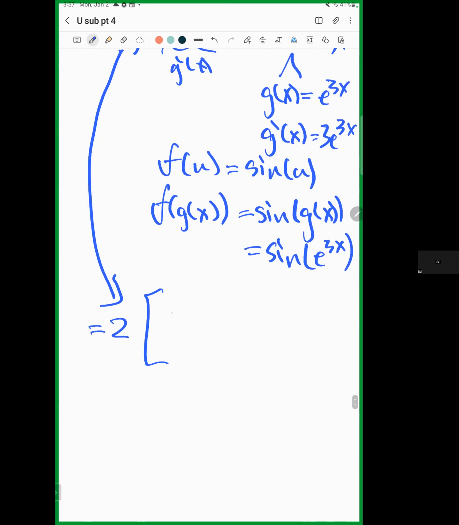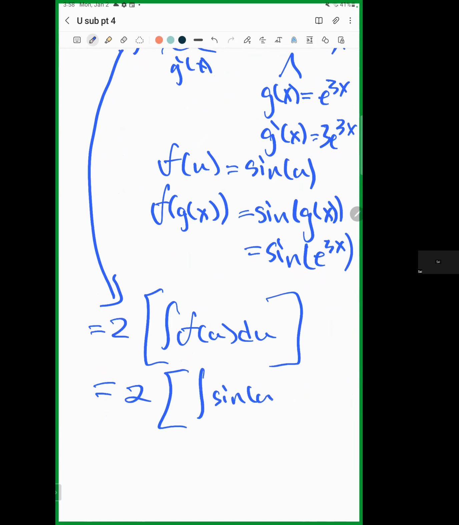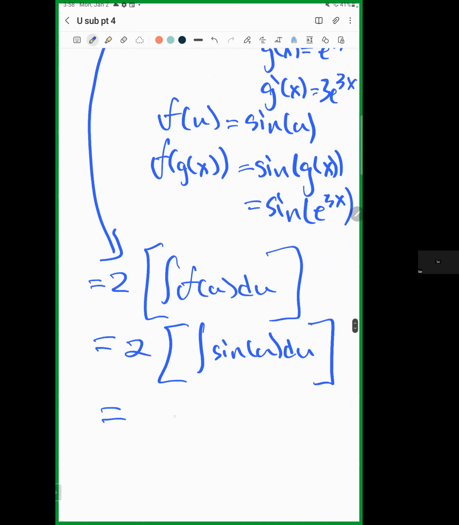So let's do that. This is just f of u du, and so this would be 2 times the integral of sine u du, which is 2 times negative cosine u plus c.